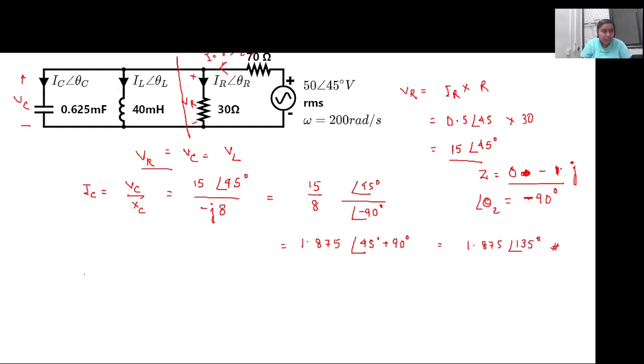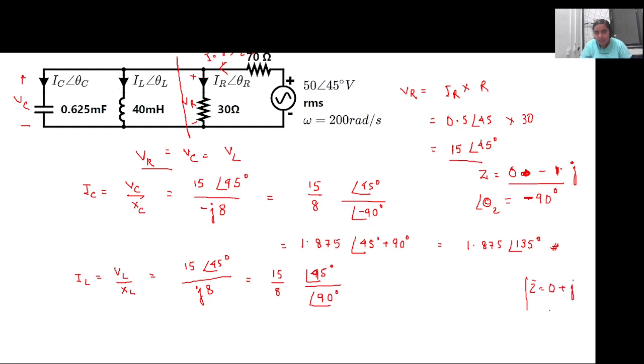Similarly, you can calculate IL. IL will be again the voltage across the inductor by XL. Voltage is the same, 15 angle 45 degree. We also have the reactance, it is j into 8. So it is similar, 15 by 8 and angle is 45 degree. And j can be written as 90 degree, because in this case it will be Z equal to 0 plus j, that is tan inverse of 1 by 0, or tan inverse of infinity.